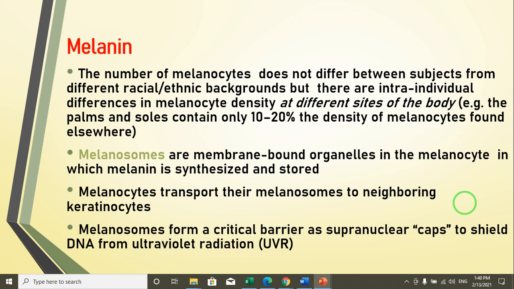So, in addition to the pigmentary role of melanin, because of its position, the melanosomes are found in the supranuclear position of the cell, above the nucleus, so that it can protect the DNA from UV radiation.